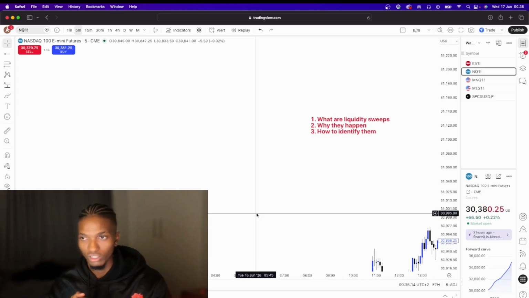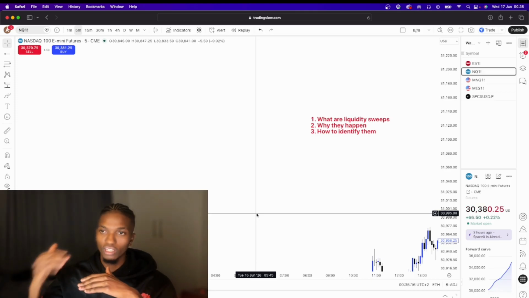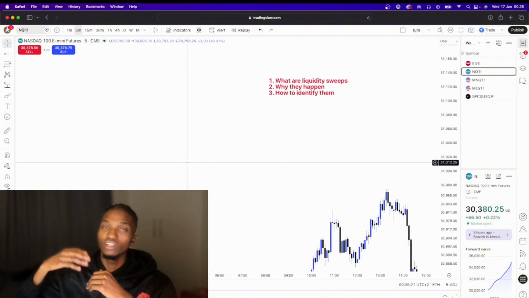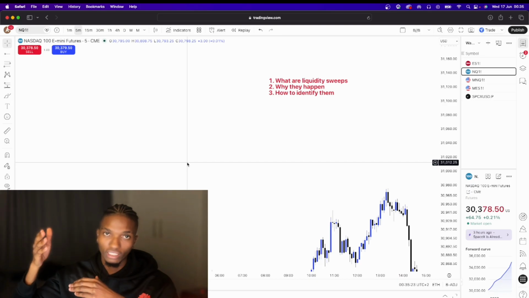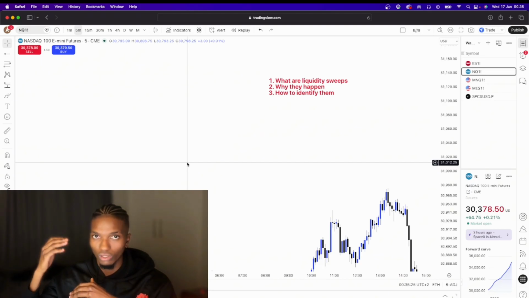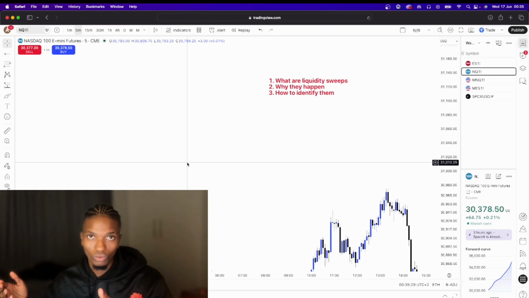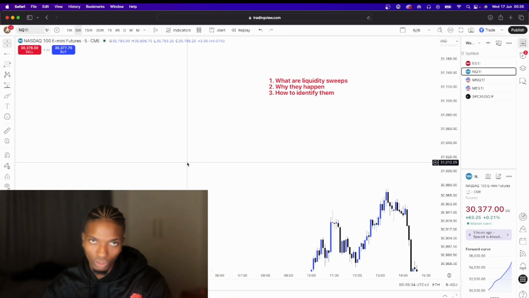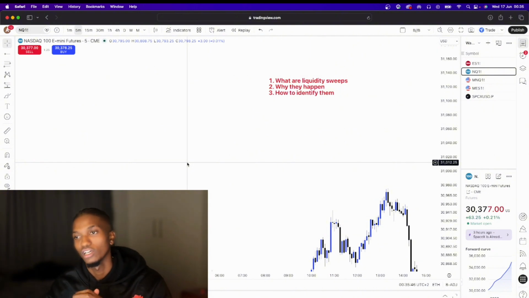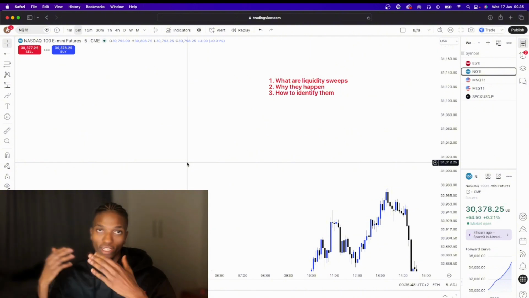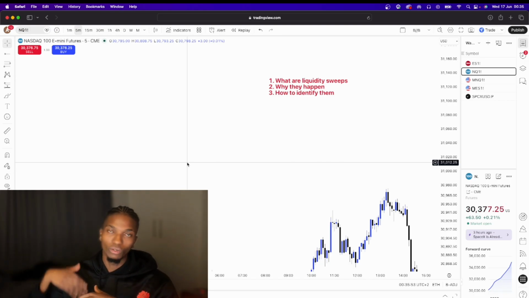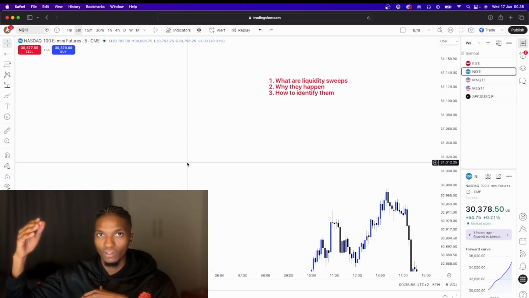So they know that people will be having pending orders at a premium price, meaning they want to be filled, they want to buy that symbol or stock or commodity at that price. And what happens when price reaches that point is that the people who bought at a discount usually sell the symbol, right? So that's what liquidity sweeps are, and that's why they happen, right? Because people bought at a discount and they want to offload at a premium.